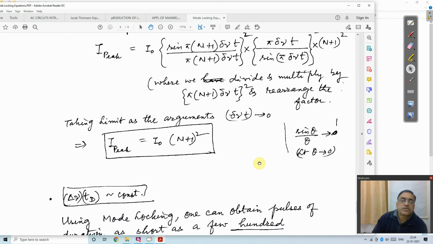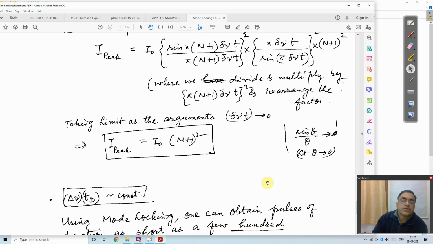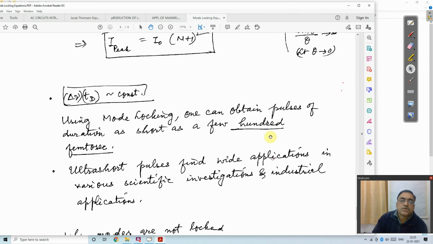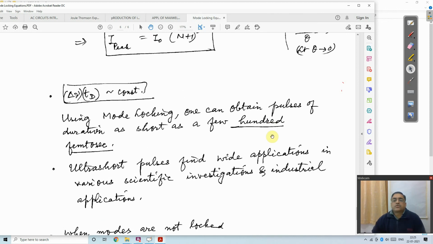We see here that delta nu into delta t is constant. It means that using mode locking, one can obtain pulses of duration as short as a few hundred femtoseconds. Like this technique, short pulses find wide applications in various scientific investigations and industrial applications.